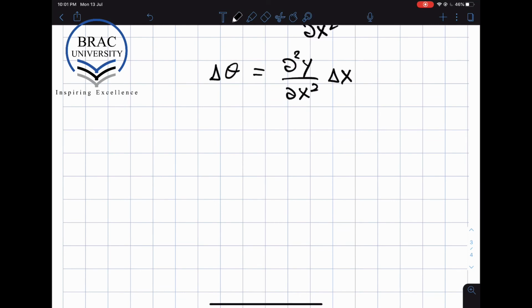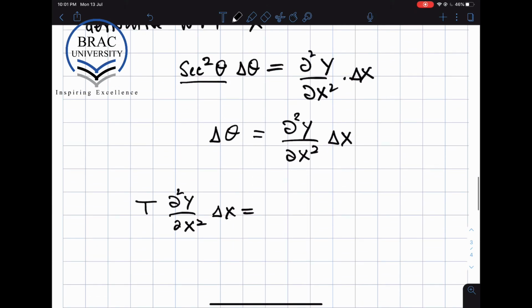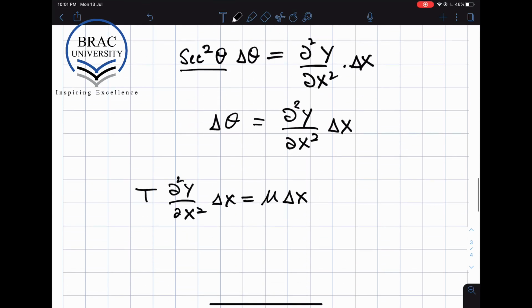If I do that, then on the left-hand side I get T times partial squared y over partial x squared, times delta x, and on the right-hand side I had mu delta x times a_y, where the acceleration is nothing but partial squared y over partial t squared.